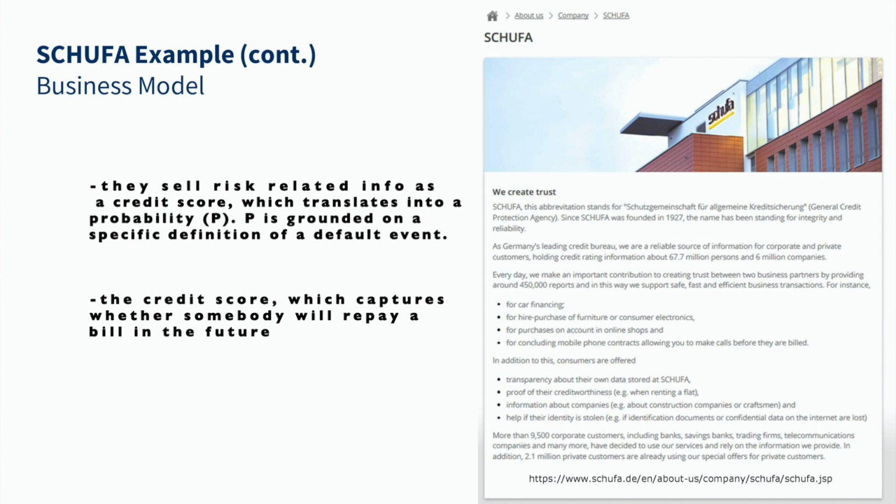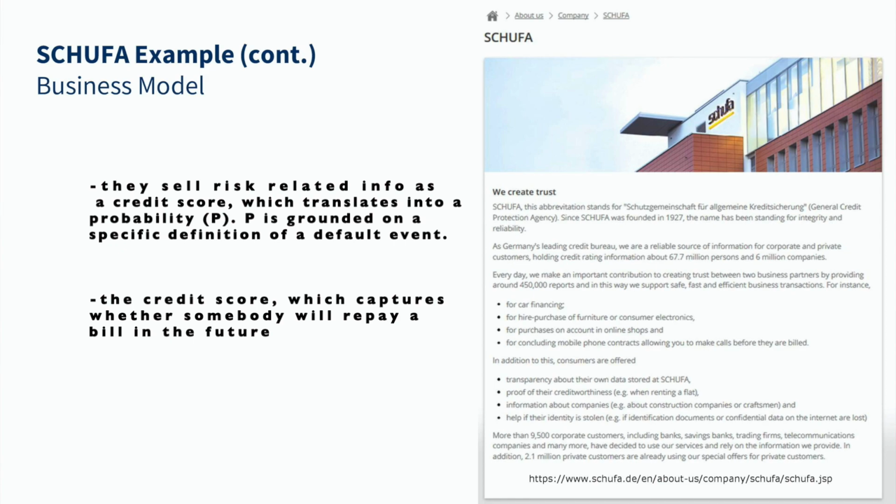I said there are analytics companies, they use algorithms to turn data into these scores, which is an important lesson in its own right. To do so, we would need to be more concrete. "Repay a bill in the future" is ill-defined from an algorithmic point of view. What do you mean by "in the future"? And what do you mean by "repay a bill"?